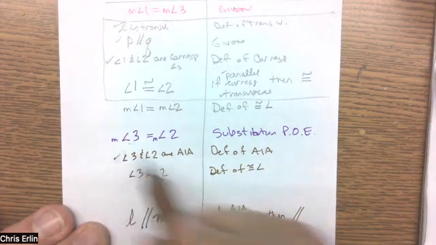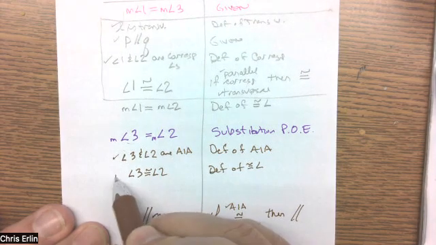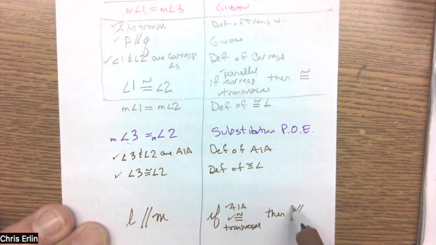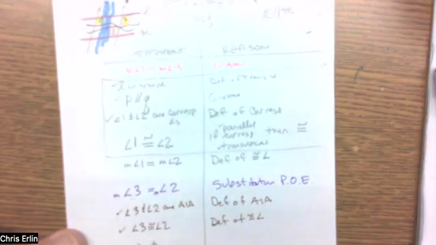So now we've got AIA, we've got congruent, and we're saying that they're parallel. What's the piece missing here? We need a transversal. What's our transversal that ties together 2 and 3? Q. Q is the transversal.